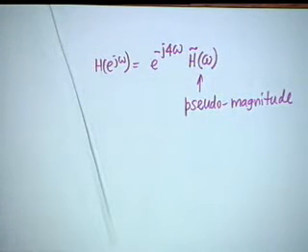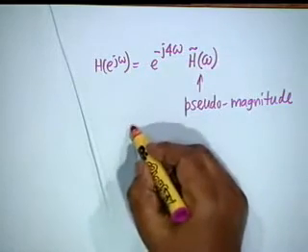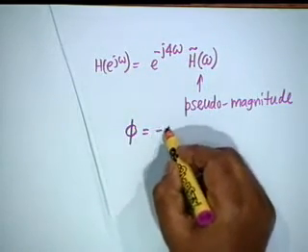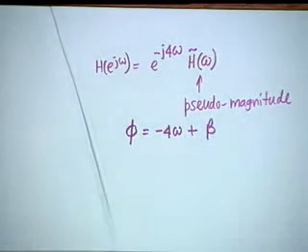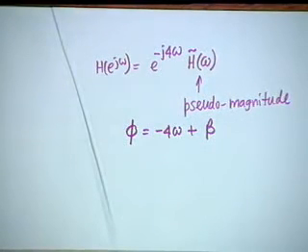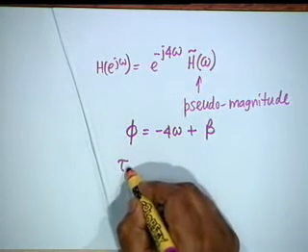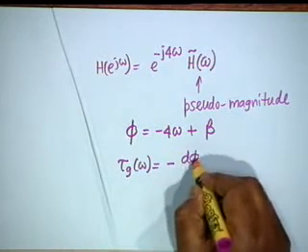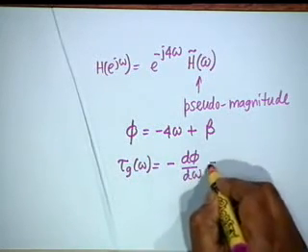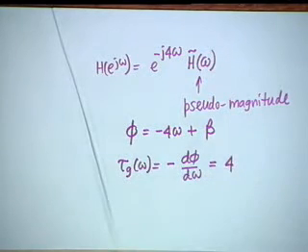Now before you go there, you see the phase is equal to minus 4 omega plus some quantity beta, where beta can be 0, pi, 2 pi, multiples of pi. You see that the group delay tau sub g of omega, which is minus d phi d omega, is simply equal to 4.